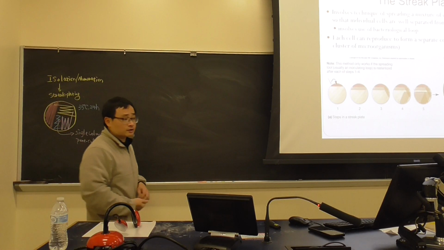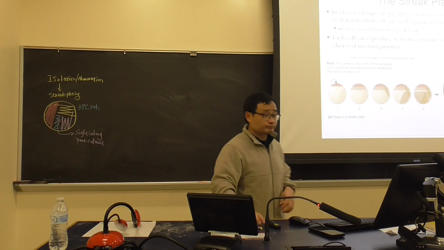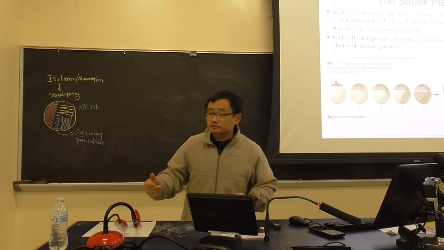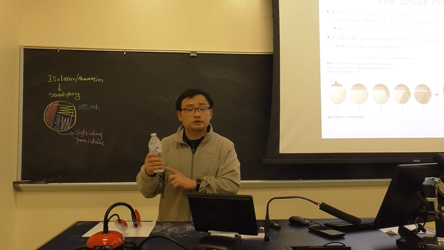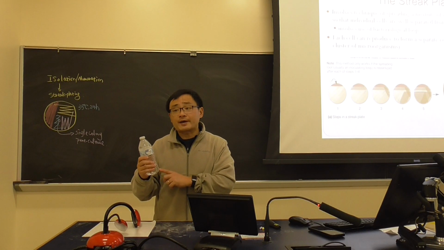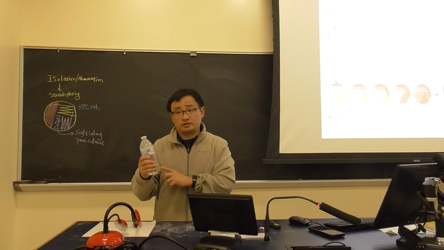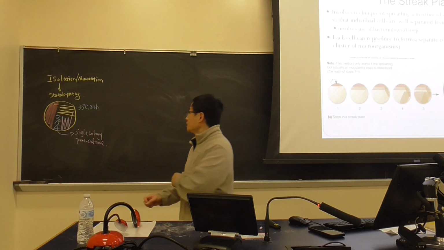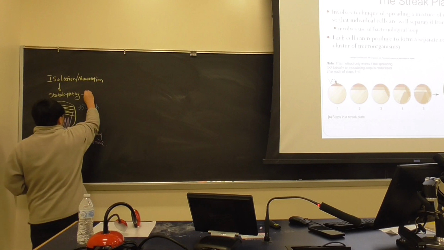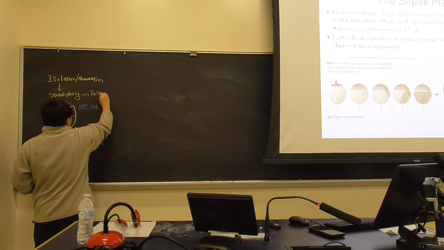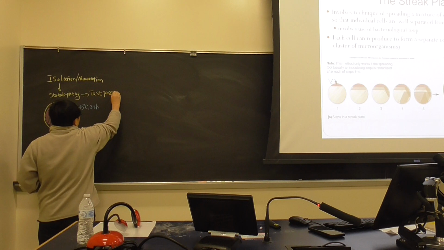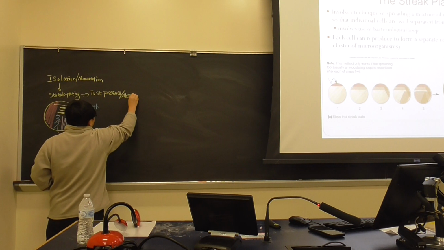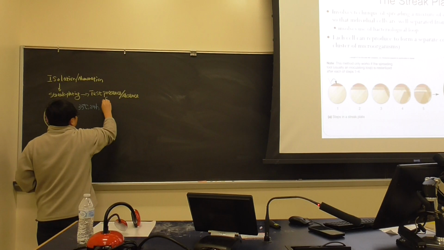So what does streak plating tell us? Streak plating will tell us, in this bottle of water, is there bacteria or no bacteria? So streak plating's purpose is we can test the presence or absence of bacteria.